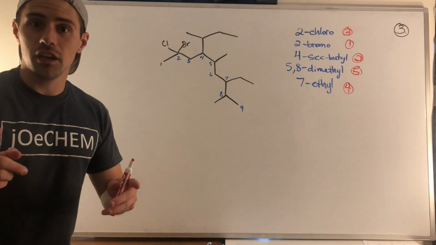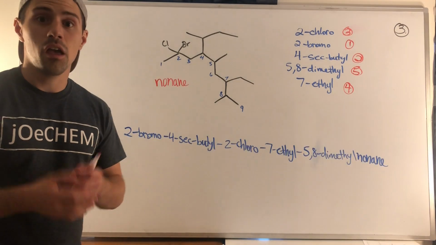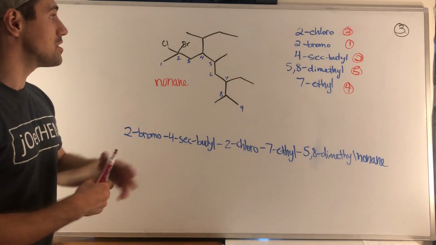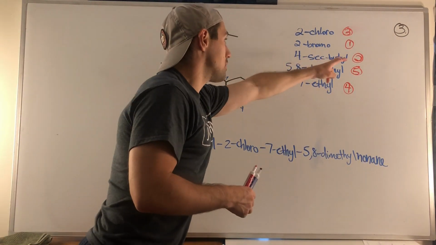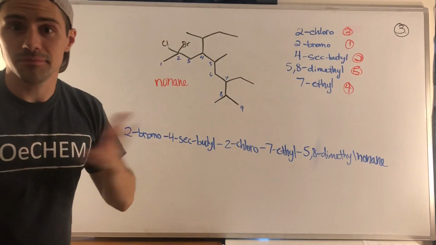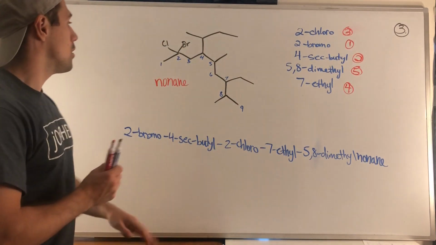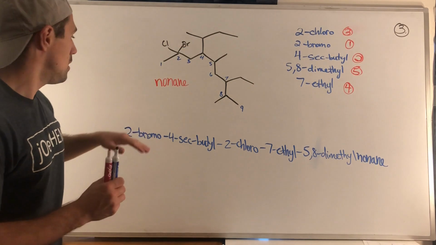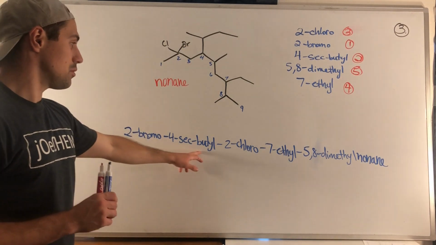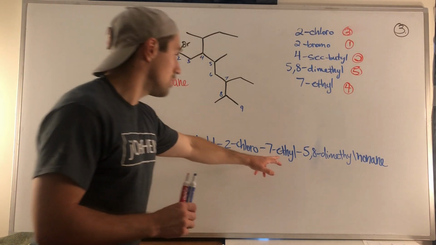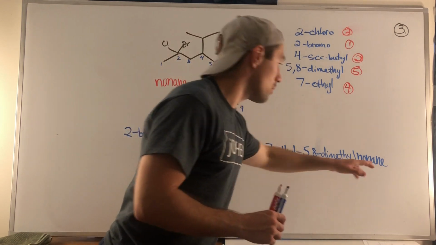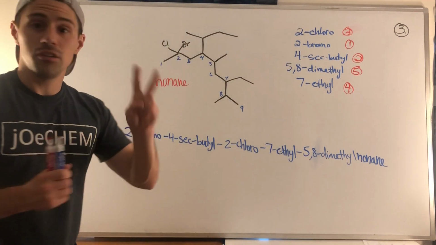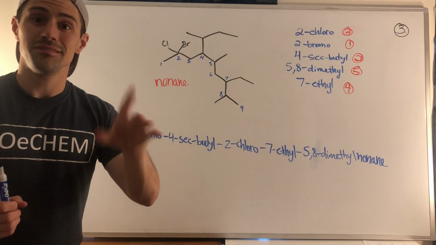So I'll pause the video, show you the name, and we'll move on. Okay, gang, so remember, the reason why butyl came in second is because sec doesn't count, right? Sec and terp do not count. We had a no-name parent chain, so 2-bromo, 4-sec-butyl, 2-chloro, 7-ethyl, 5,8-dimethyl, no name. Okay? 2 more, and this worksheet is done.